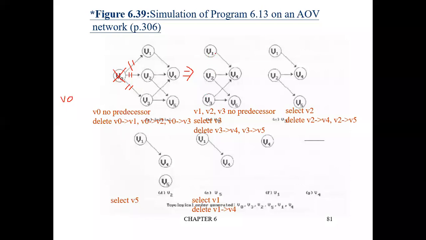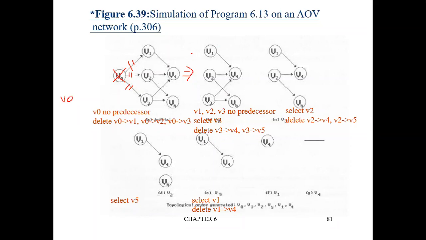Now from this graph you have to identify the vertex with 0 in degree. How many vertices have in degree 0? Three vertices.